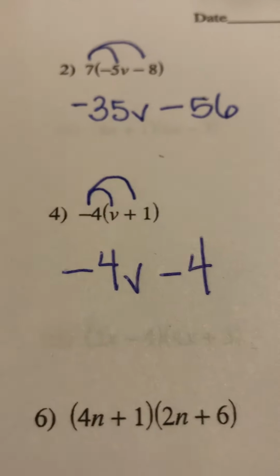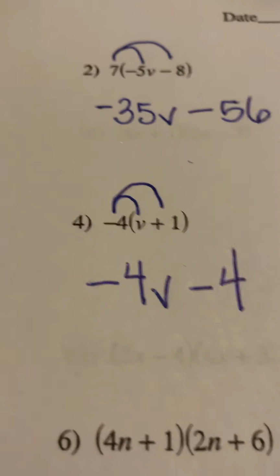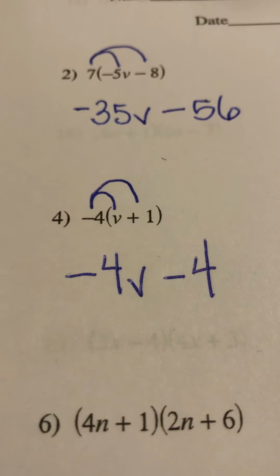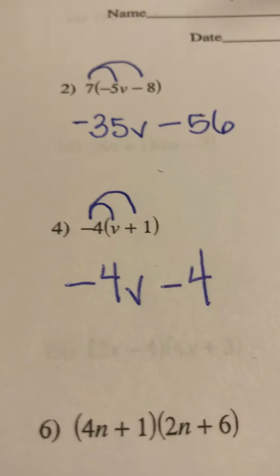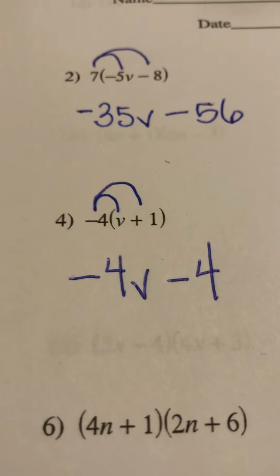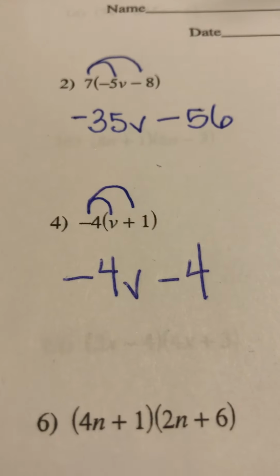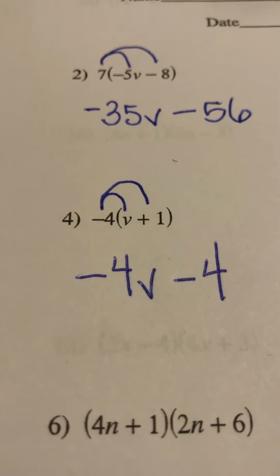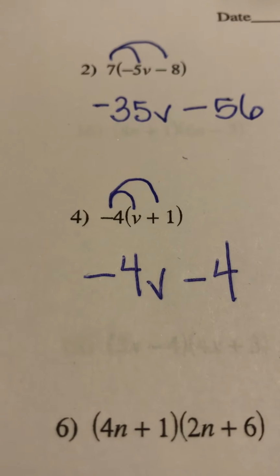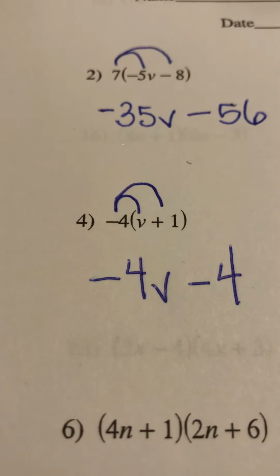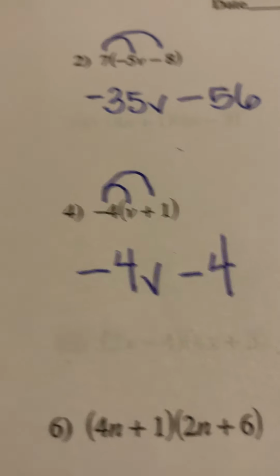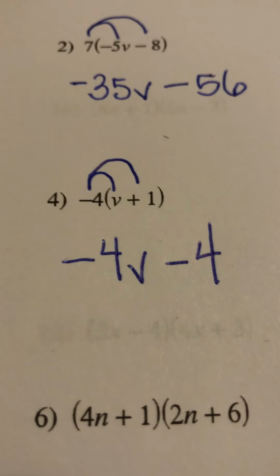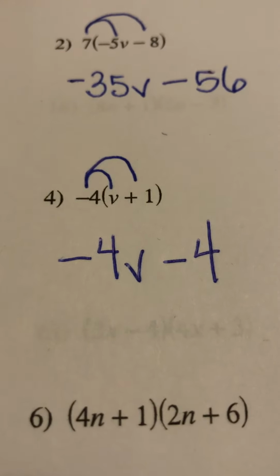And that is just a review of multiplying monomials times polynomials. It is basically just distributive property. Make sure you distribute to the entire amount in parentheses. If there were 10,000 terms in that parentheses, you would have to distribute it to all 10,000 terms. Make sure you follow the rules for exponents. Make sure you follow the rules for positives and negatives. Those are the little simple mistakes that keep us from getting the problem correct, so we have to make sure that we follow those rules.